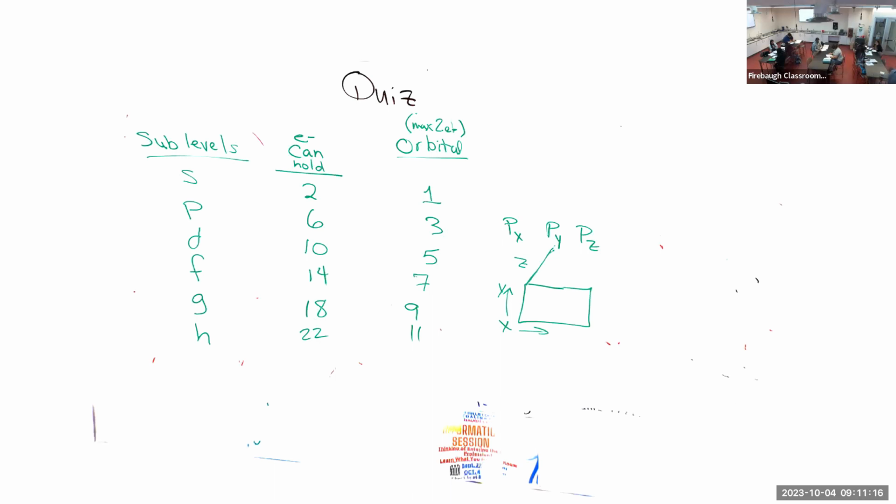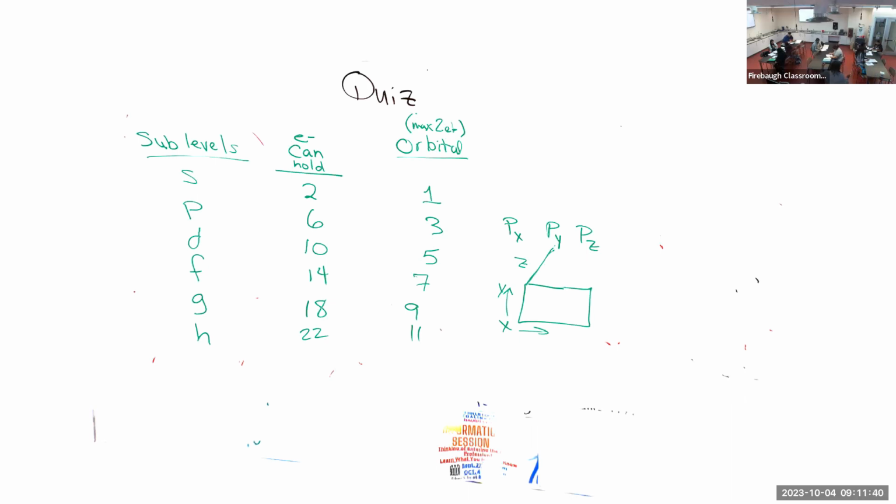Okay, so here's a rule. I'm going to ask you a question. What is the maximum number of electrons that the S subshell can hold? 2. What is the minimum? 1 or 0, right? You can take 0, none.